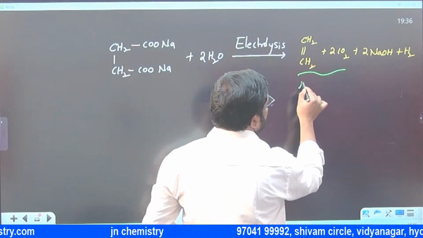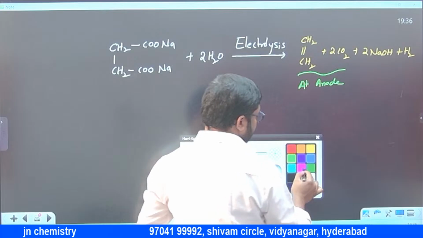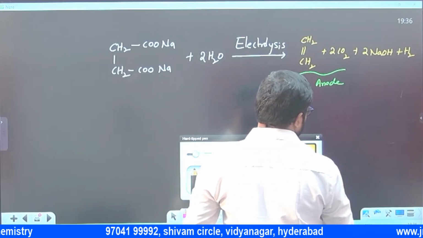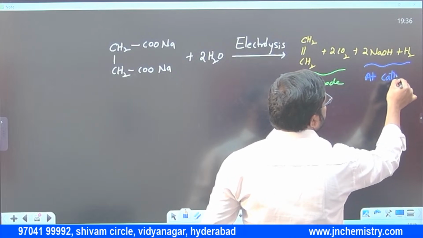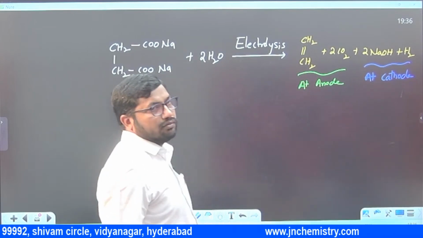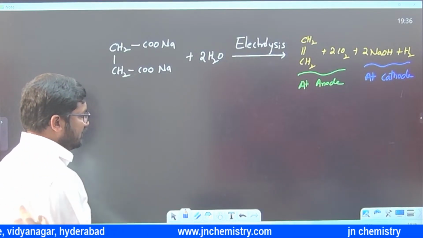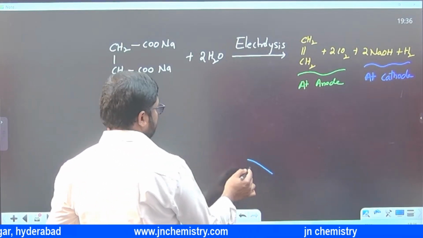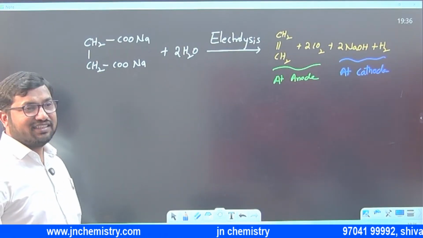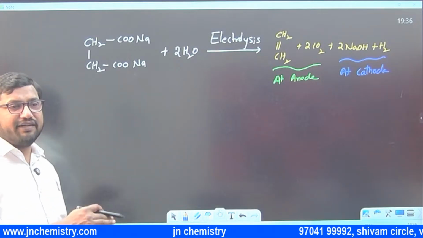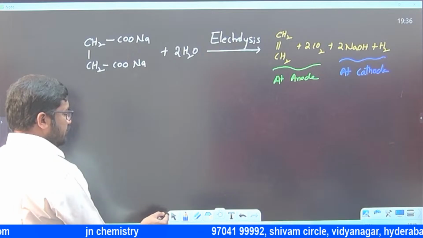These are at the anode, these are at the cathode. So I want to make it somewhat colorful, because life is beautiful, right? Why write in single colors? When we have the option, we have to utilize it, otherwise black and white. So mechanism.